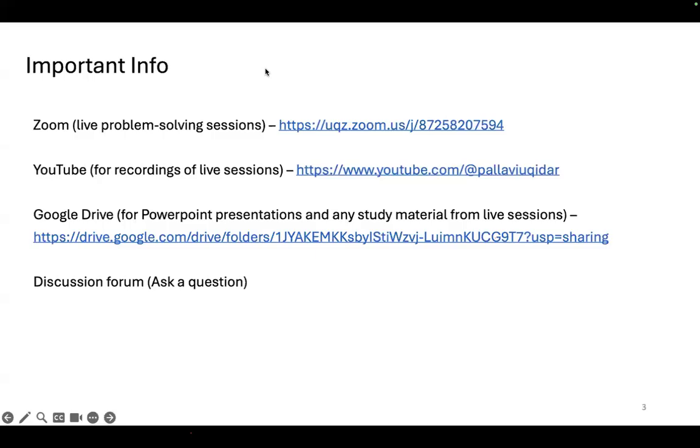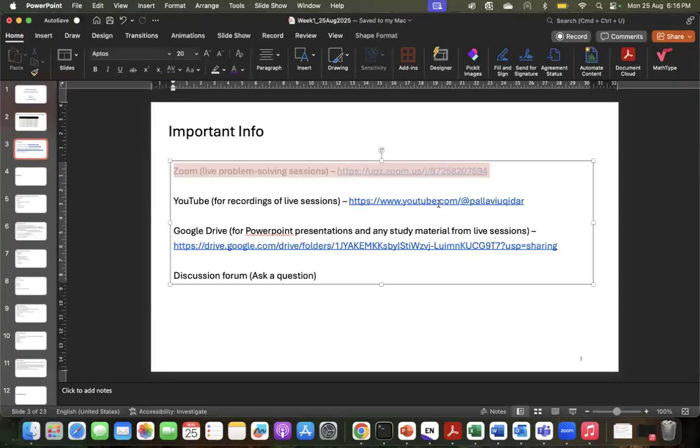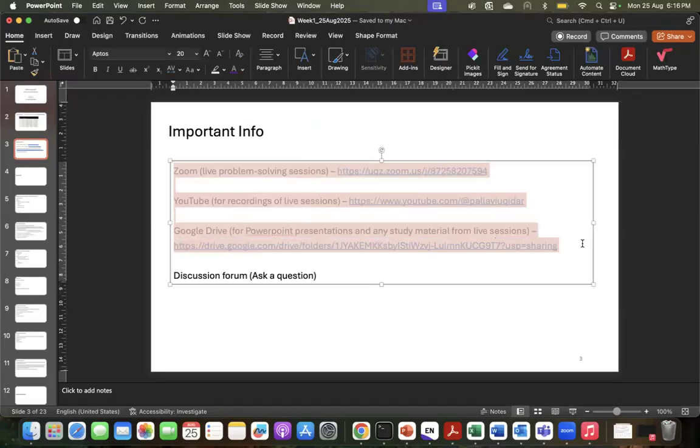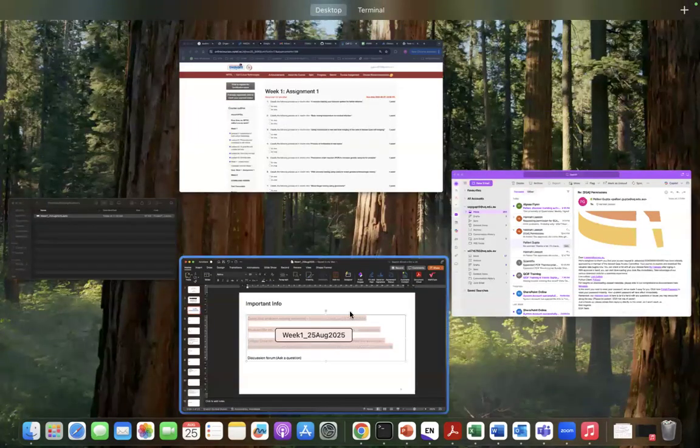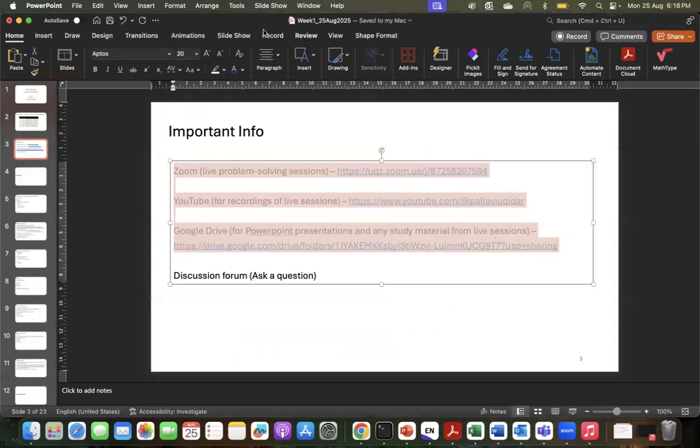And for the Zoom meeting and the Google Meets, you don't need to attend both of them. Monday, Tuesday, whatever is available for you, you can attend that. Let me anyway share these links with you in the chat box today, but you can also refer to them through the course page.